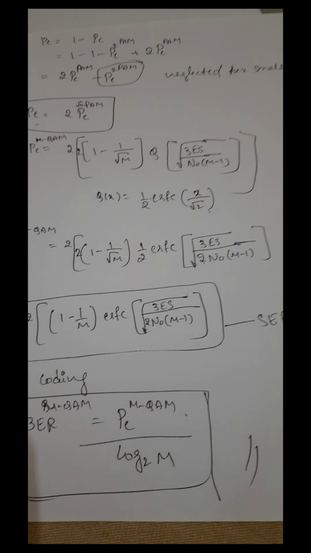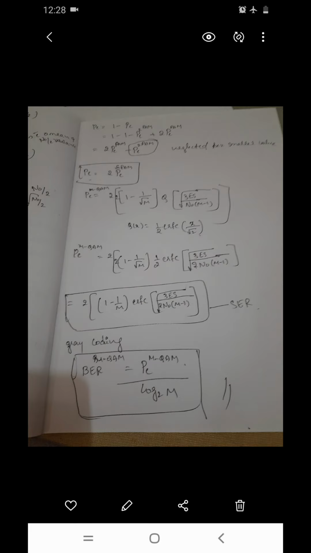Converting the Q function into the complementary error function, the equation becomes 2 into (1 minus 1 by root M) erfc of square root of 3Es divided by 2N0 (M minus 1). This is nothing but the symbol error rate. For bit error rate, it will be PE divided by log M to the base 2.